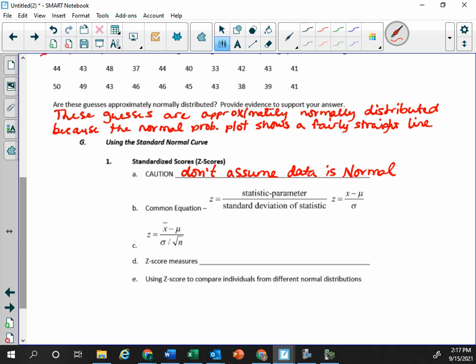So that sounds very confusing, but when you use it in a problem, it's very simple. This right here is the much more formal formula. You can see it's slightly different than this z-score formula. Right now, our n is 1. So we can use the common equation.